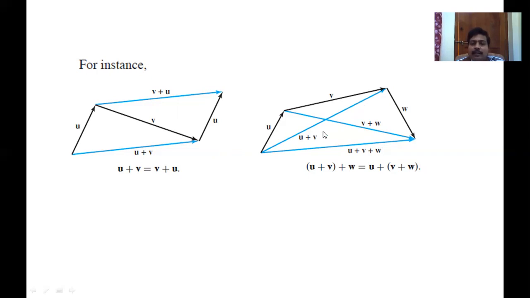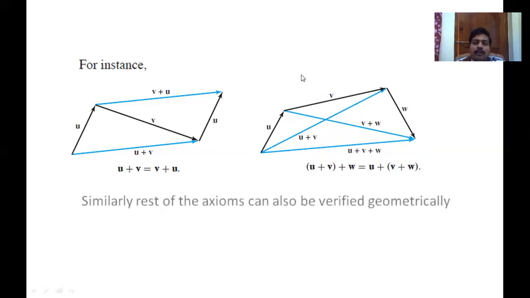By adding U plus V and W using the parallelogram, this is U plus V plus W. And this is U and this is V plus W. By adding these two using the parallelogram, you will get the same vector U plus V plus W. So by geometrically observing, we can prove all the rest of the axioms. So we can conclude that V is a vector space.